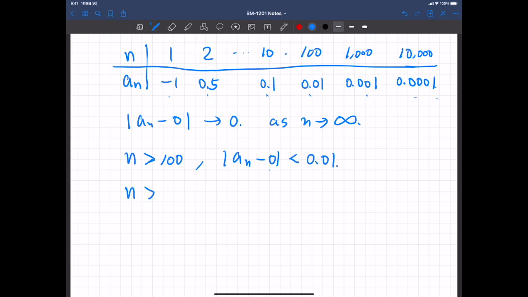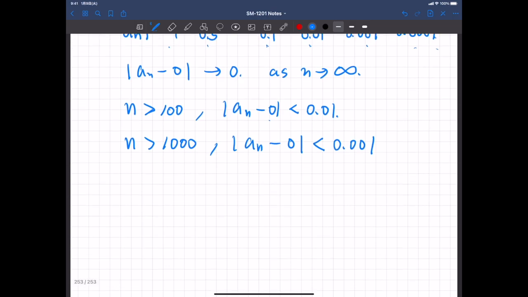And if n is greater than 1000, then the difference between the sequence value and its limit is less than 0.001. So it gets smaller and smaller.